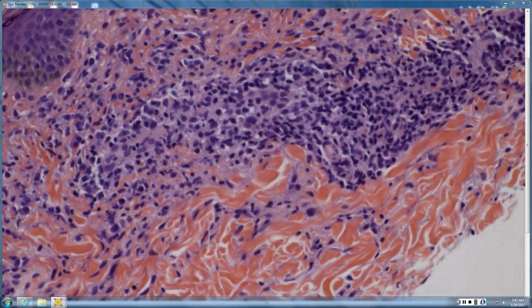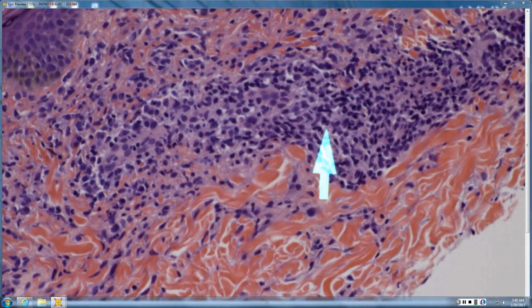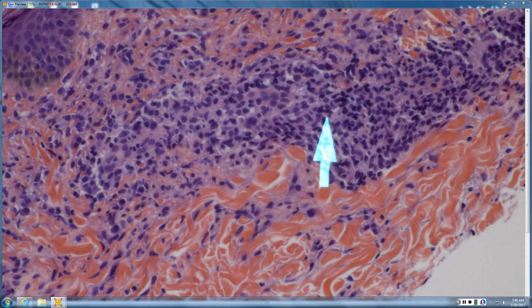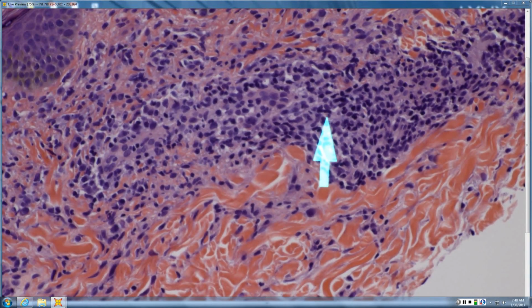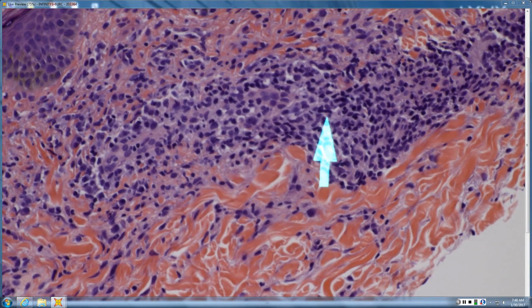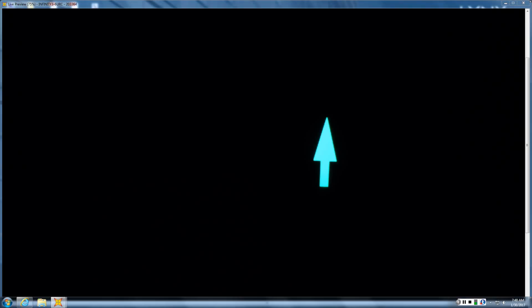Usually lymphs sit on a background of white. Here the lymphs sit on a background of gray because there's cytoplasm. And I think on one of the earlier cases someone said, well, it's either a lymphoid or a histiocytic infiltrate. You can't decide because there's cytoplasm like histiocytes, but the nuclei look like lymphocytes. That's another thing that suggests syphilis.